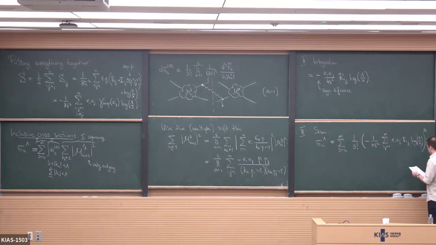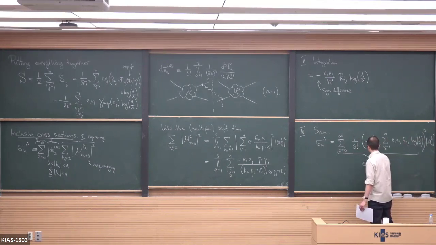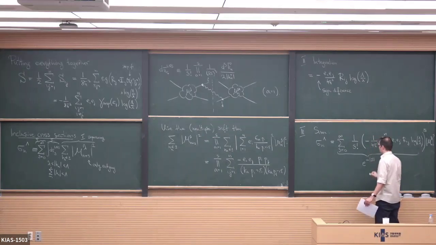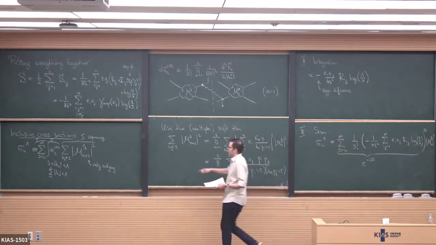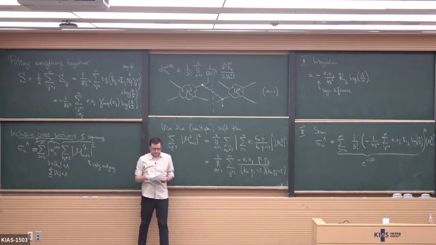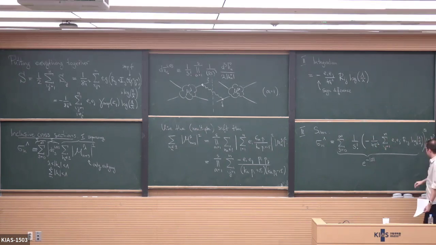So I conclude that my inclusive cross-section is equal to this factor here, which, as you might anticipate, is going to exponentiate into e to the minus the real part of this, and this is going to cancel with the exponentiation of the divergences in here because of the minus sign and the plus sign in here.